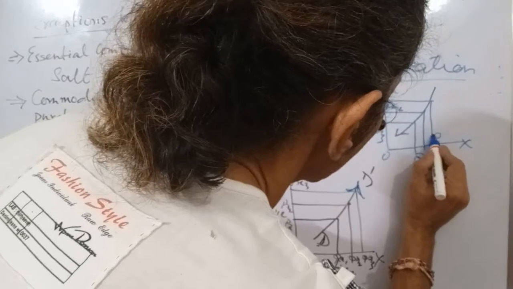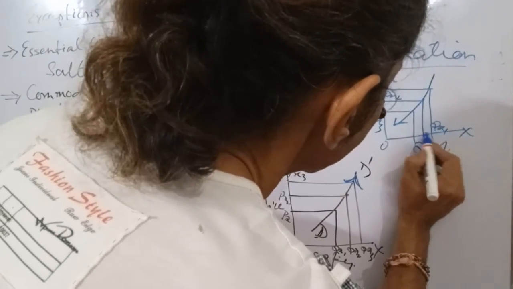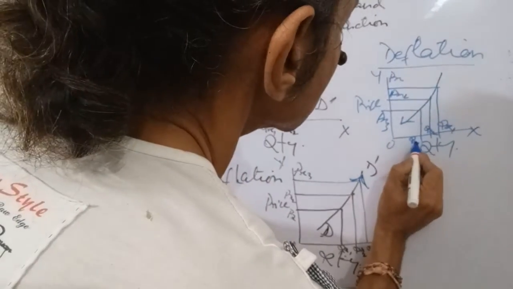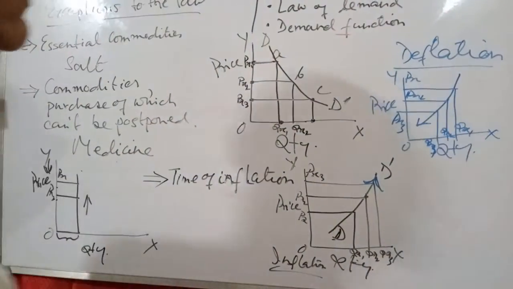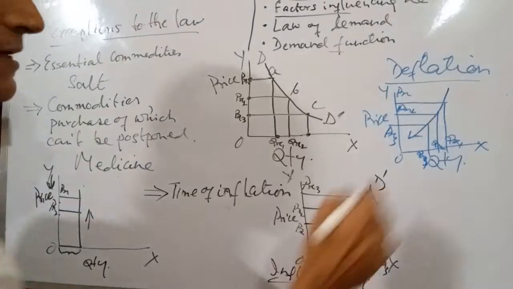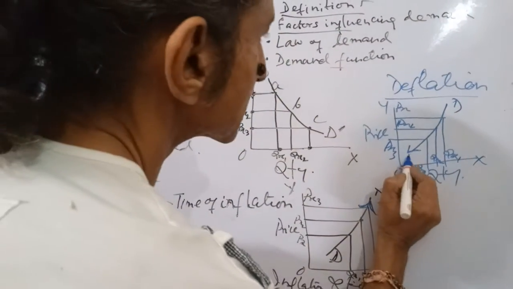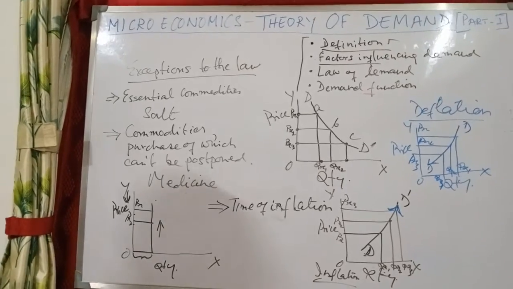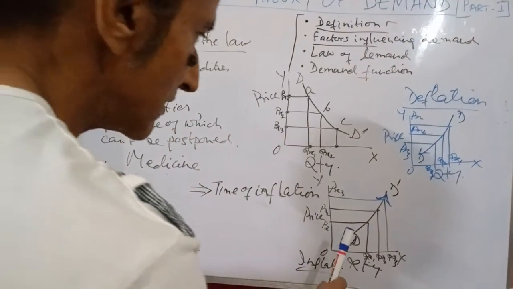As a result, quantity demanded is also falling from qx1, qx2 to qx3. Right? This is the demand curve, dd dash. This is the demand curve during inflation.